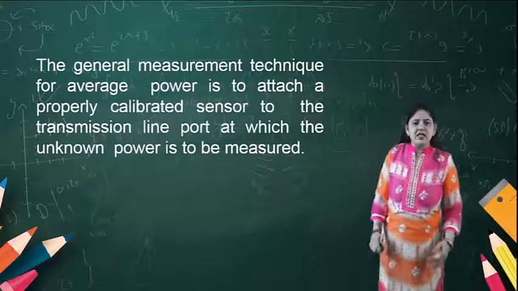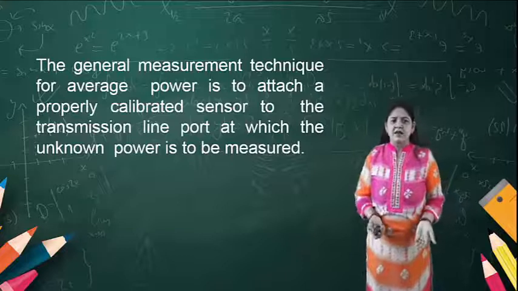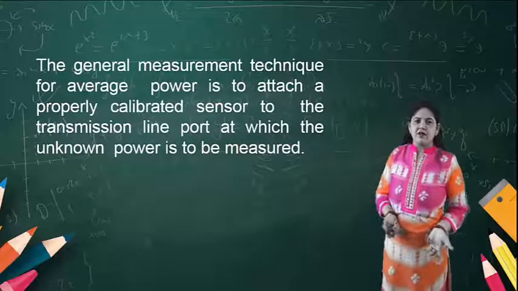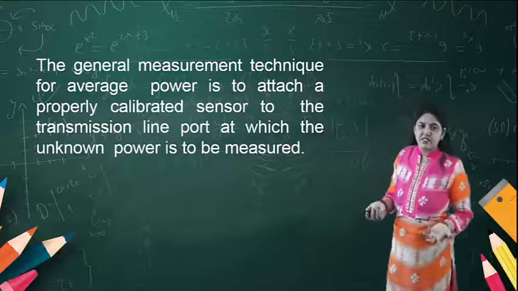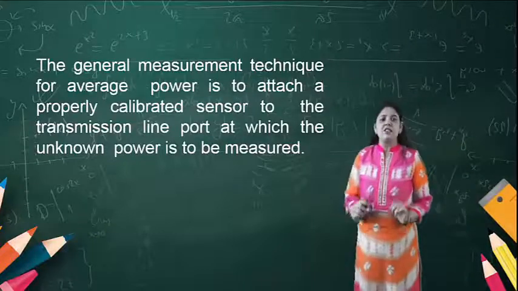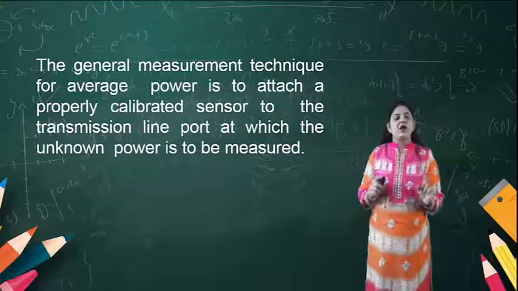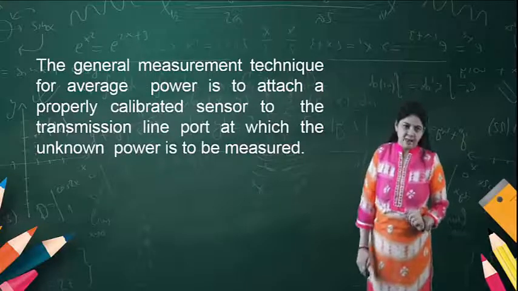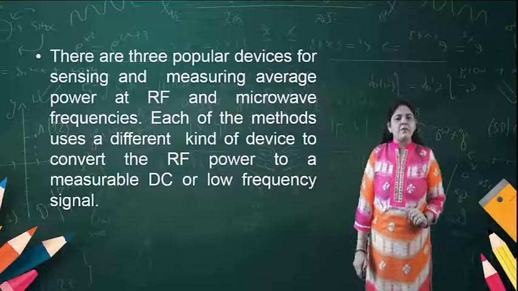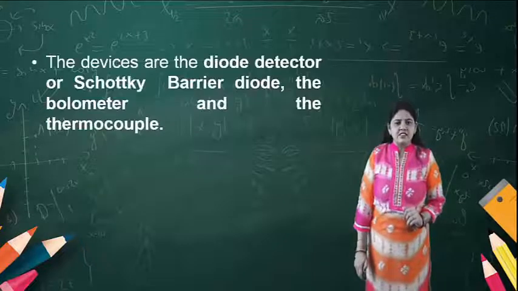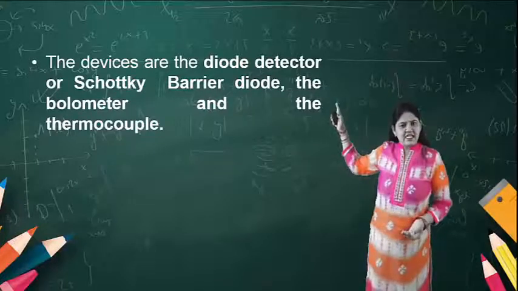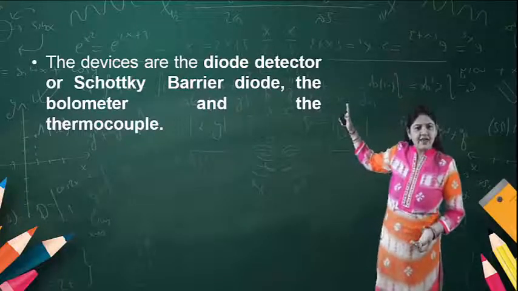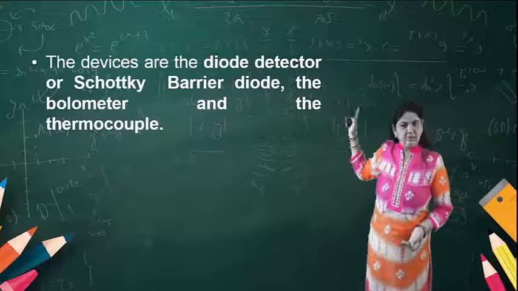The general measurement technique for average power is to attach a properly calibrated sensor to the transmission line port at which the unknown power has to be measured, so a power sensor is used. The sensors can be the diode detector or the Schottky barrier diode.